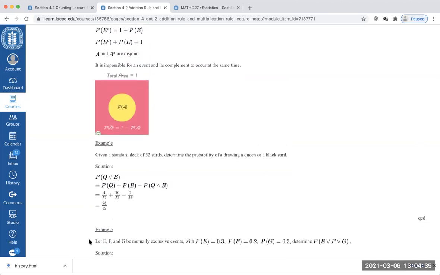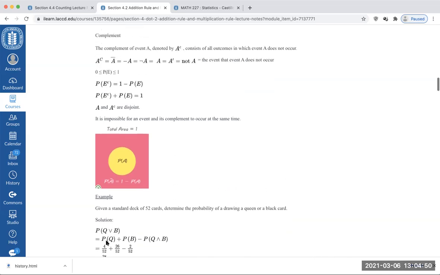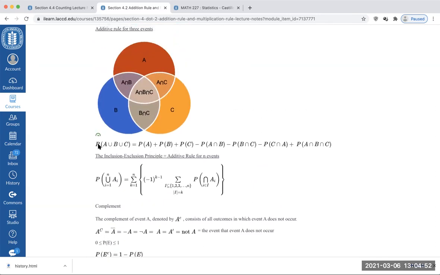Let E, F, and G be mutually exclusive events with the probability of E being 0.3, probability of F 0.2, probability of G 0.3. Determine the probability of E or F or G. So I could use the formula for the probability of E or F or G: just add these up, subtract these, add these. Or I could use this inclusion exclusion principle.